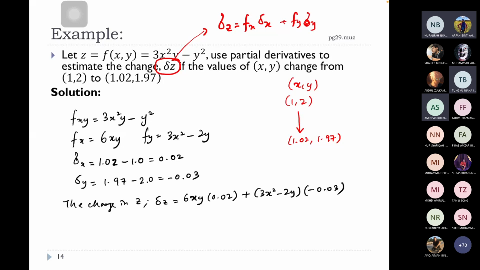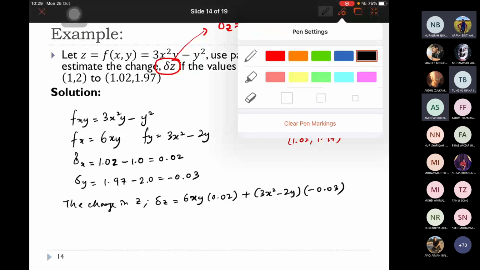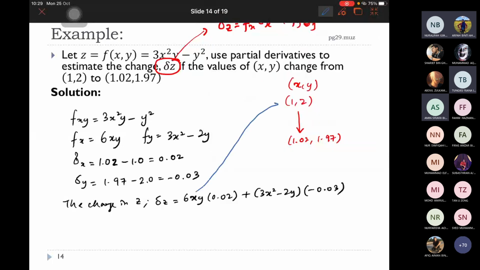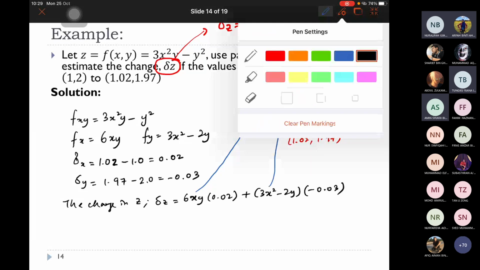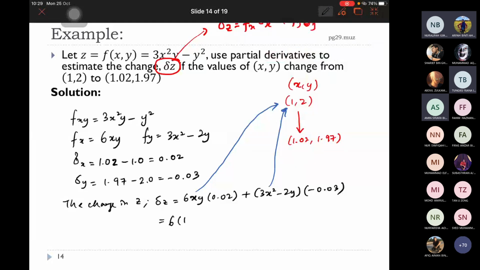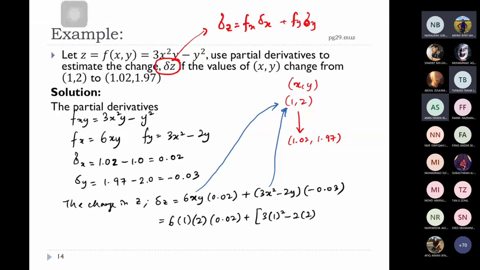So gantikan the value, the original value, this one. The original value x dan y is this one. Okay. 1 dan juga 2. So from here kita dapat dia sama dengan 6 darab 1 darab 2 darab 0.02 tambah 3 darab 1 kuasa 2 tolak 2 darab 2. Okay. Negatif 0.03.